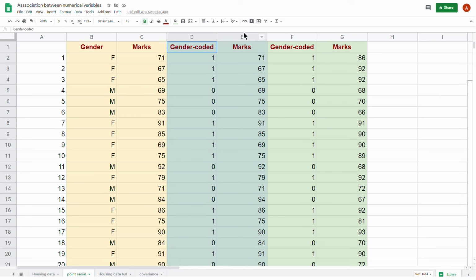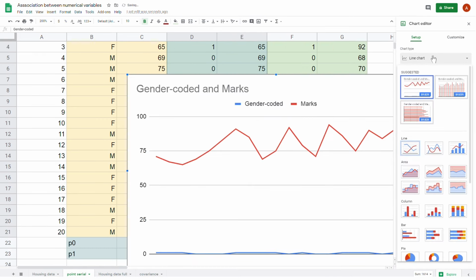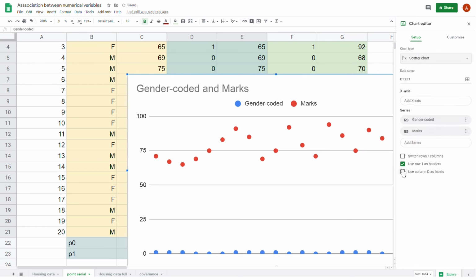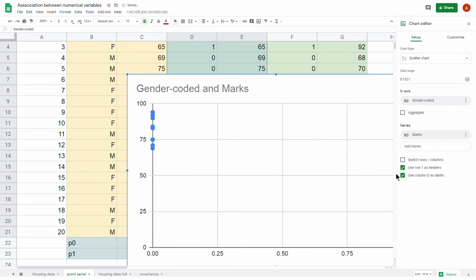So, again I go and plot a scatter plot. I do not want a line chart, I want a scatter plot. Within the scatter plot I am using my column D as labels, because column D is taking only two values.